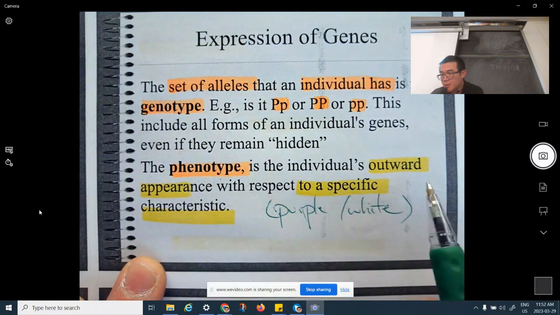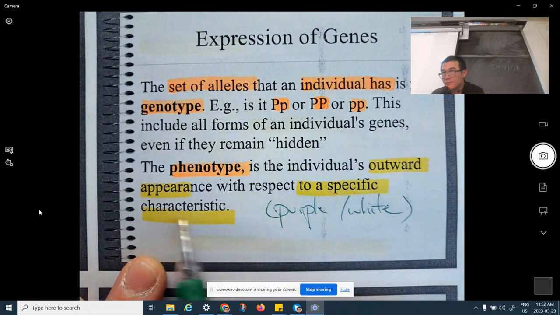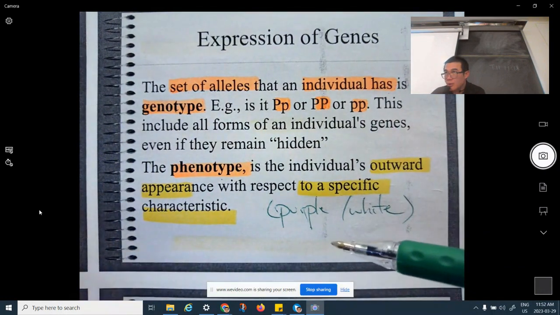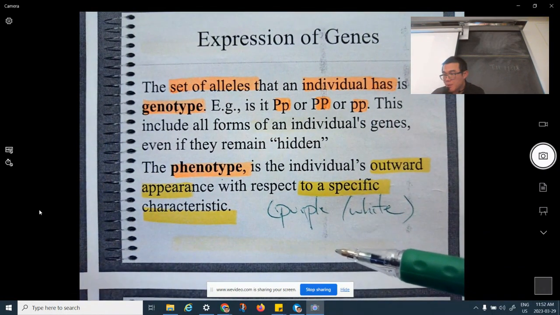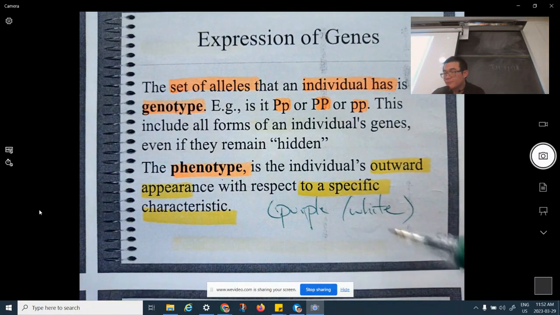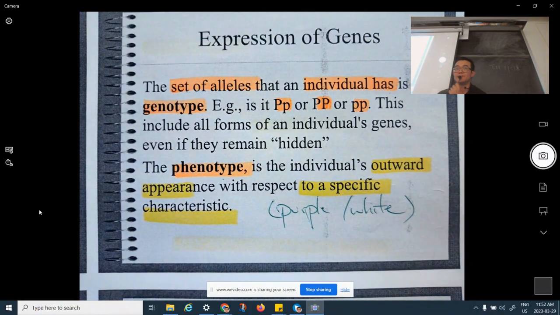Phenotype would be the outcome or the outward appearance of that trait. So instead of talking about uppercase P or lowercase p, you're talking about purple color or white color, curly hair or straight hair at the end.